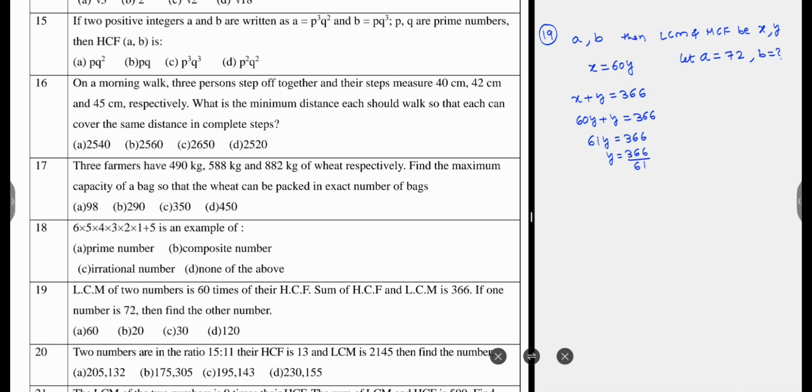This is exactly 6 times, so Y is equal to 6. 61 sixes are 366. If Y is equal to 6, then X plus 6 is equal to 366, so X is equal to 366 minus 6. So X is equal to 360.